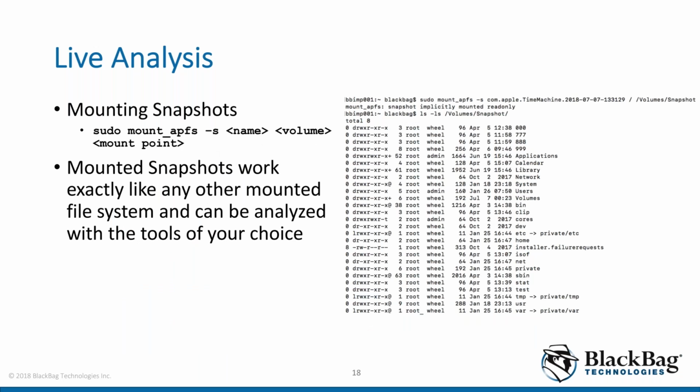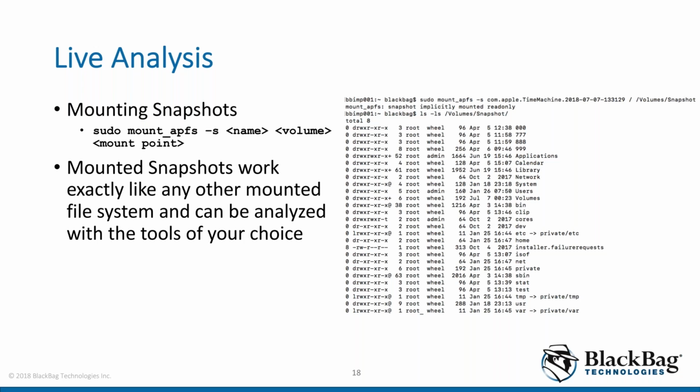To analyze these on a live system, you can use the mount_apfs command, and you're going to need root privileges, so your account needs to be in the sudoers group. You would run sudo mount_apfs and then -s, which says you want to mount a specific snapshot.